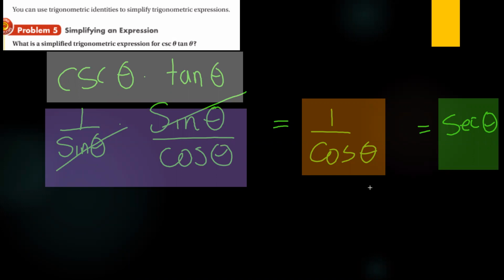All of them are equal. All of them are the same. This is the meaning of simplifying. Each subsequent expression is the same as the previous one. So we convert it from a complicated one, cosecant times tan, and rewrite it as secant.